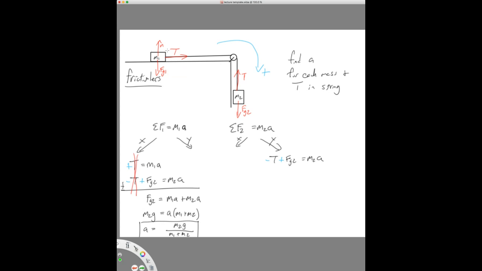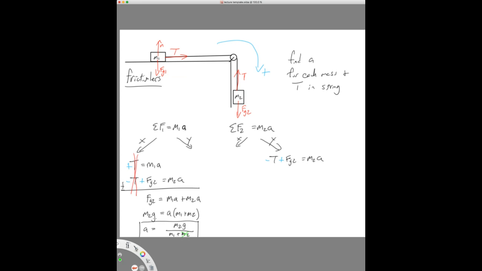On the other hand, what if M1 is the bowling ball and M2 is the feather? So if M2 is very, very light, we can ignore it on the bottom. And what happens is we wind up with a small number on top divided by a very big number on the bottom. And that's going to be a very small acceleration. That's what we expect if we have a bowling ball on top and a paperclip or a feather on the bottom, that the acceleration should be very, very small.